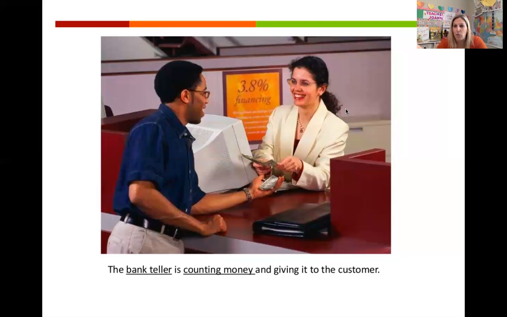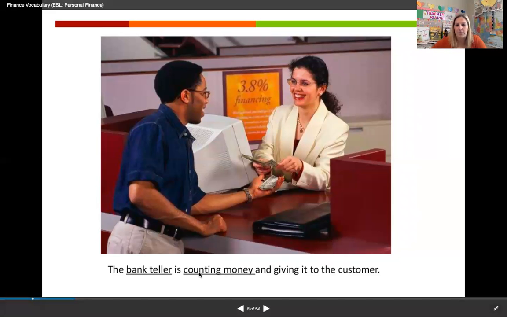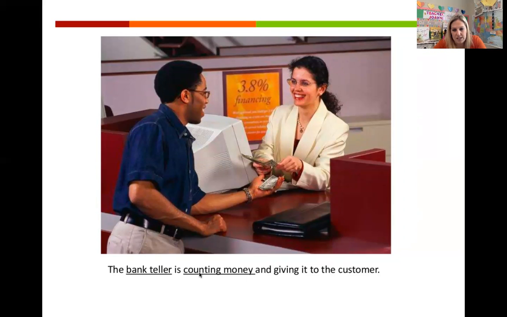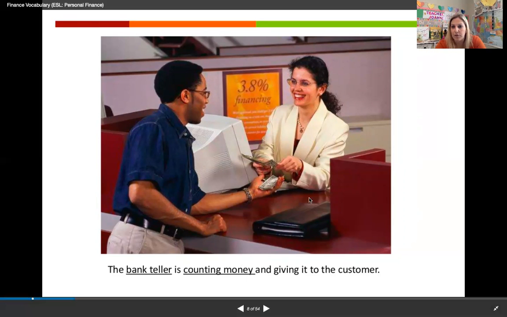It's the same way that we take out money, but you can either go into the bank or you can go to what's called an ATM to take that money out. So the bank teller is counting the money and giving it to the customer. What has the customer done? The customer withdrew, right? Or is withdrawing money from their bank account. Okay, so again, we're still thinking and using the withdrawal and the deposit vocabulary.